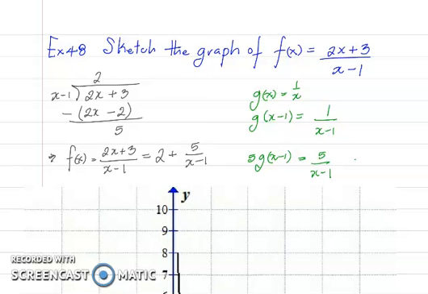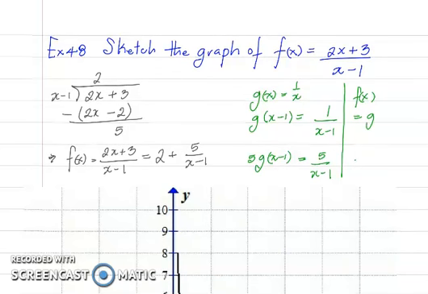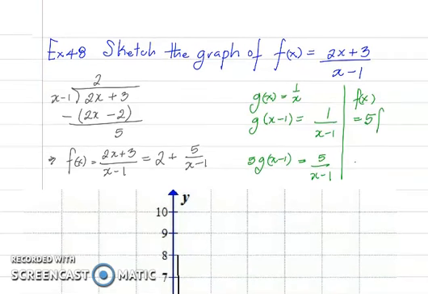And then finally, f of x would be equal to 5 times g of x minus 1 plus 2.